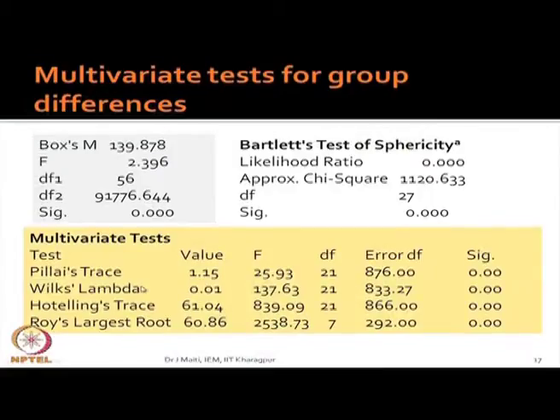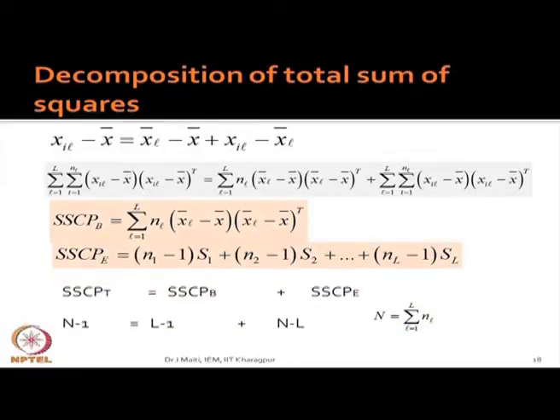So we have to remove outliers; we have already seen there are some outliers. Coming back to MANOVA, yes, there are differences. If there are differences, then you go for finding out where the difference is.